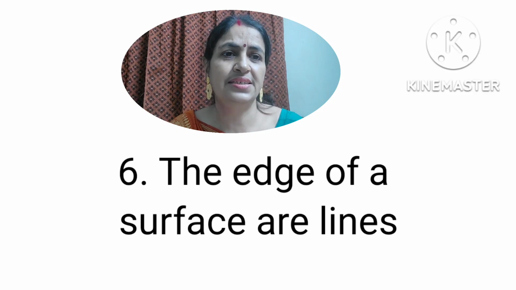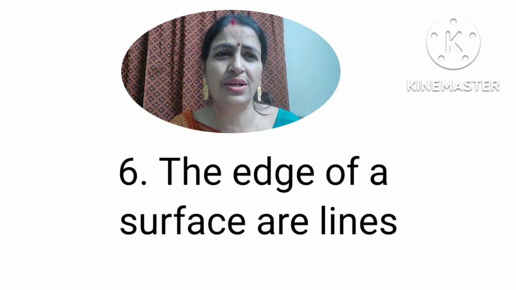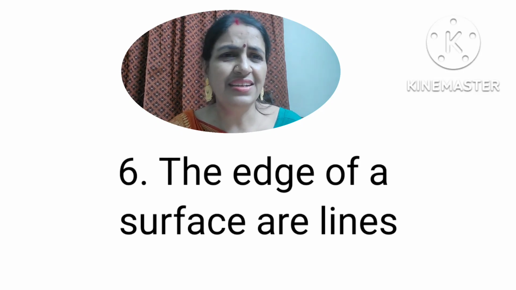When we see any surface that has length and breadth, like a rectangle or a cube, the edges of that surface are lines. This is the definition, and we all know this also.